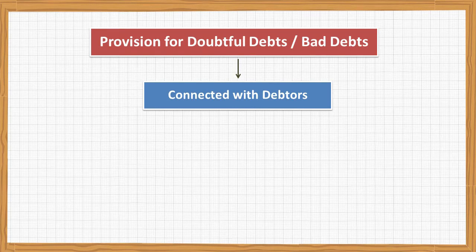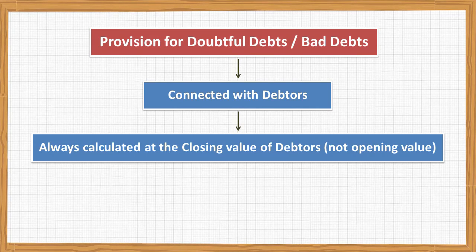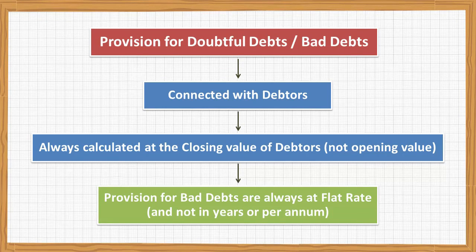So it is always calculated on the closing value of debtors, not the opening value. So there is no question of per annum or flat rate, because provision for bad debts is always at a flat rate. It is never expressed in years or per annum.